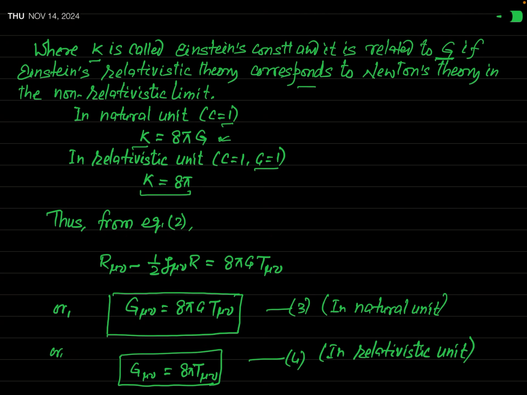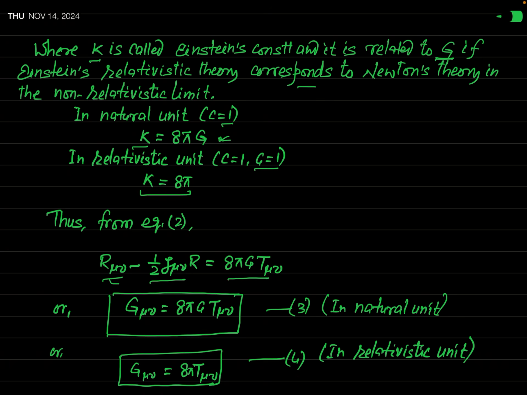Now if we write the Einstein field equation after substituting this value of K, it will be R mu nu minus 1 over 2 g mu nu R equals 8 pi G times T mu nu.